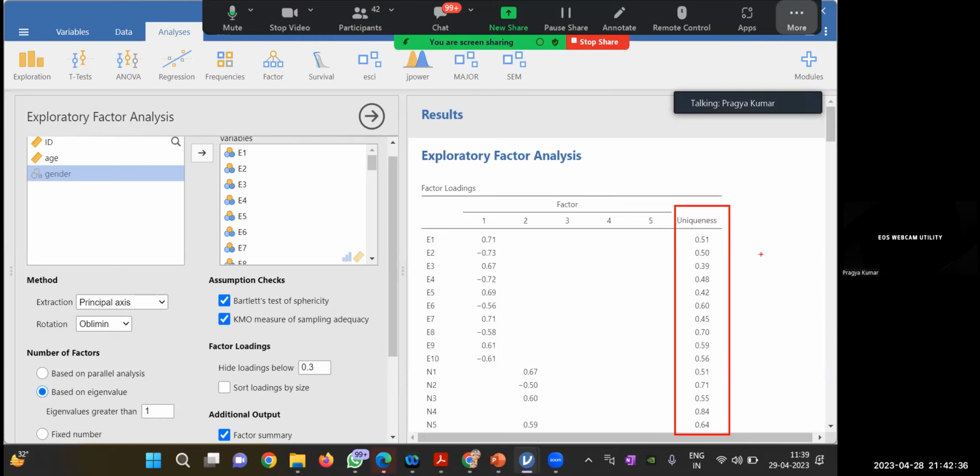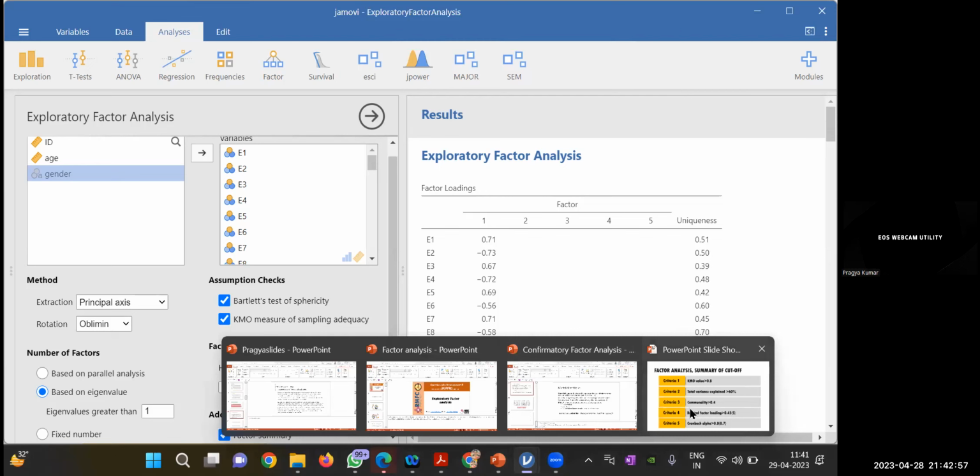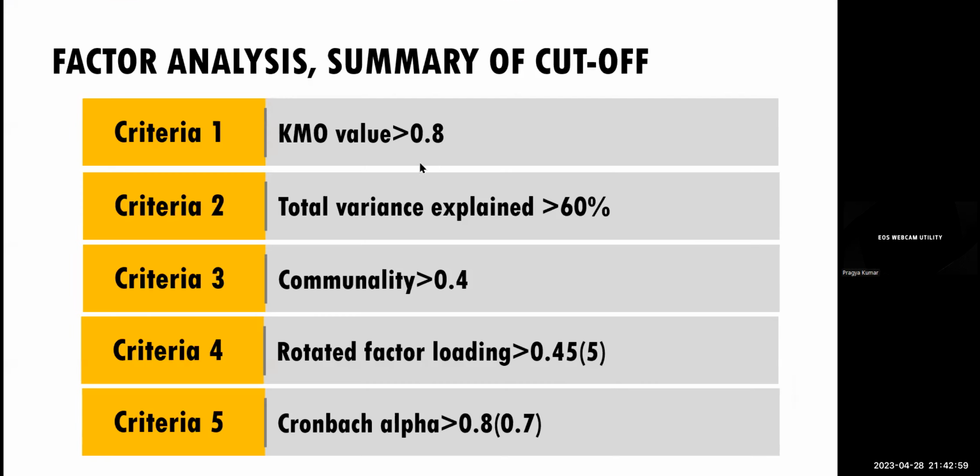And then if you come down, you will see the... so Shruti, are you clear on this uniqueness and communality? Okay, thank you. So now coming to that criteria, you know now what a KMO value is.